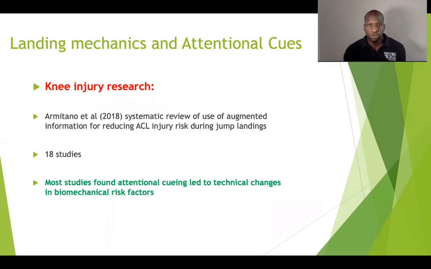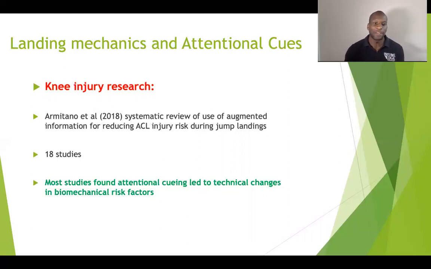So in regards to the research on landing mechanics and attentional cues, we do actually have some research. There was a systematic review conducted in 2018, which essentially scoured the research to look for as many studies as it could which used augmented information to reduce ACL injury incidents during jump landings.